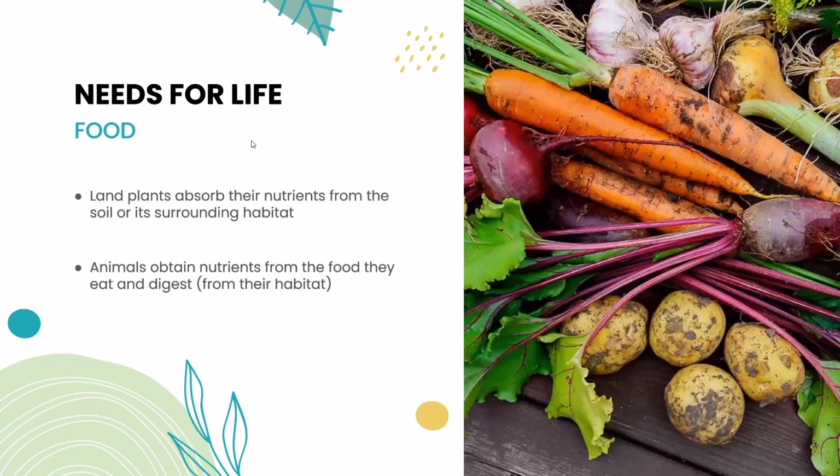Next one, food. Land plants absorb their nutrients from the soil or their surrounding habitat. A nutrient is just something that helps an organism live or better its life. Animals also get their nutrients from their surrounding habitat, and we're animals too.